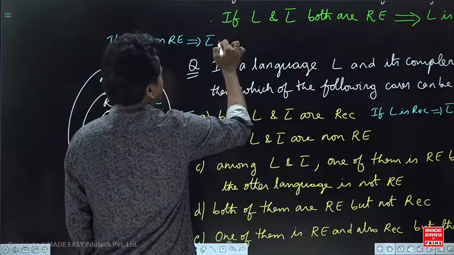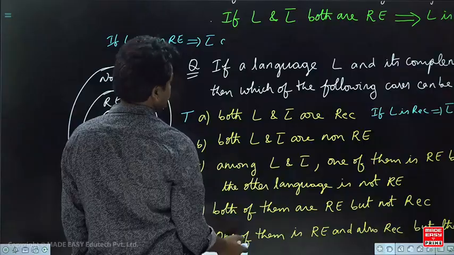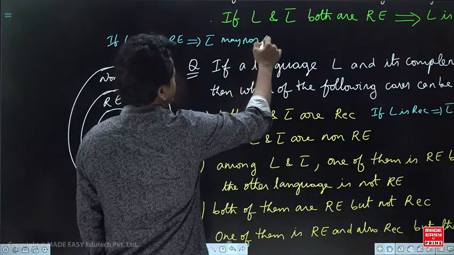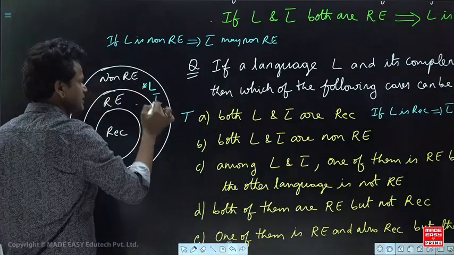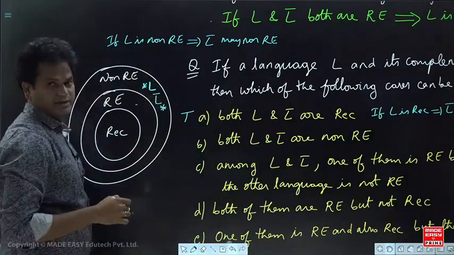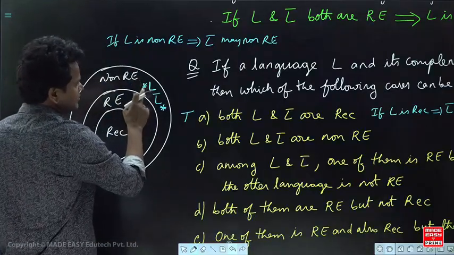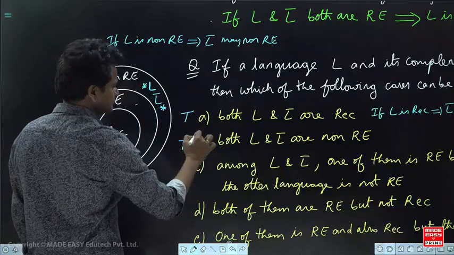L bar may be non-RE. Yes, the chance is there. If a language is here, its complement also may be here. So if L is non-RE, its complement is also non-RE. Yes, it is true.